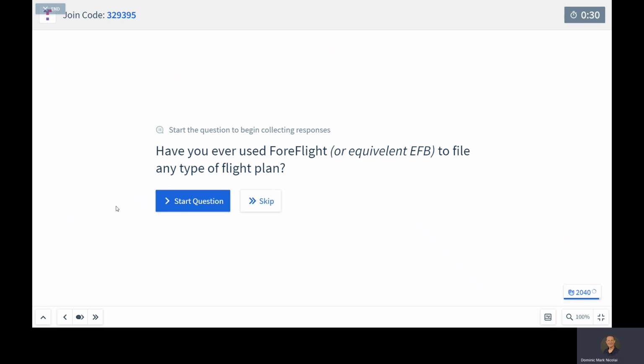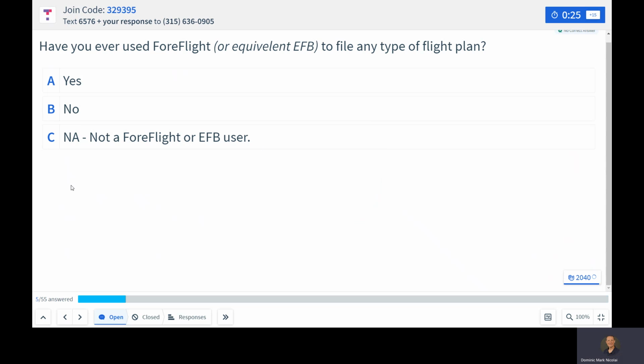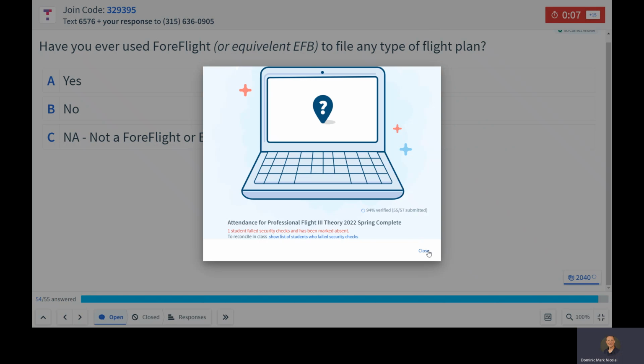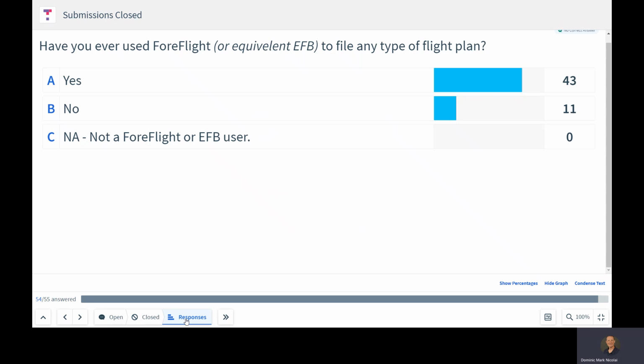Have you ever used ForeFlight or an equivalent electronic flight bag to file any type of flight plan?